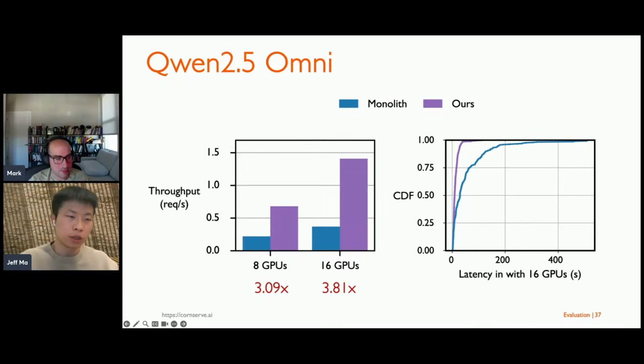There's actually a real-world trace called ServeGen they released.